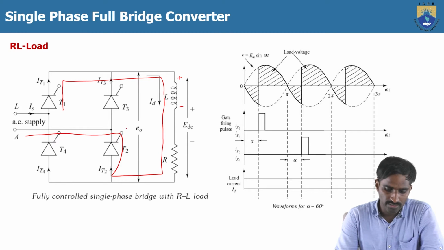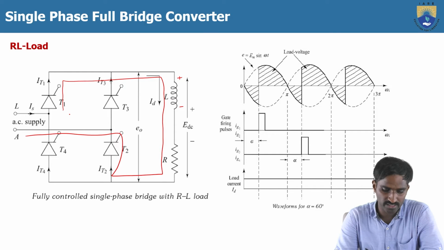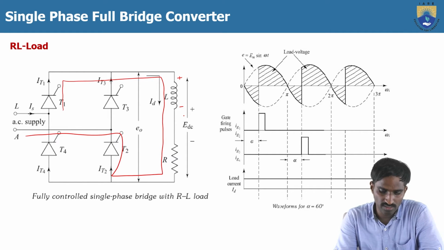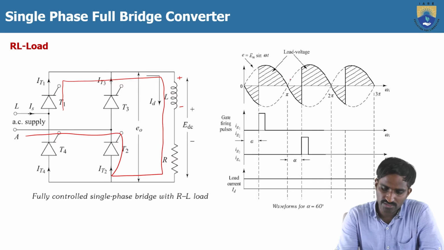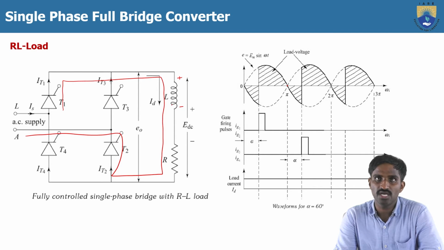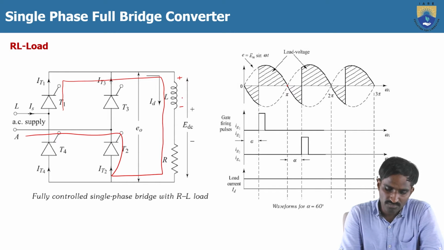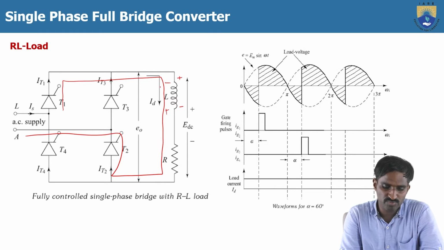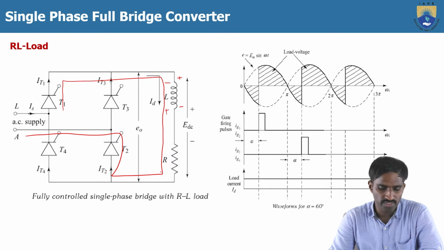Then during the negative cycle, the reverse biased voltage is applied across T1 and T2. But when it reaches pi, the inductor will discharge during pi to pi plus alpha by changing its polarities to minus and plus, which means some reverse biased voltage will appear across T1 and T2.